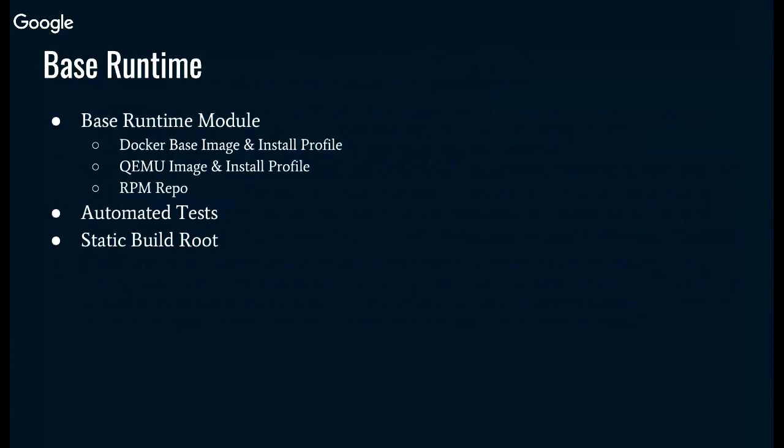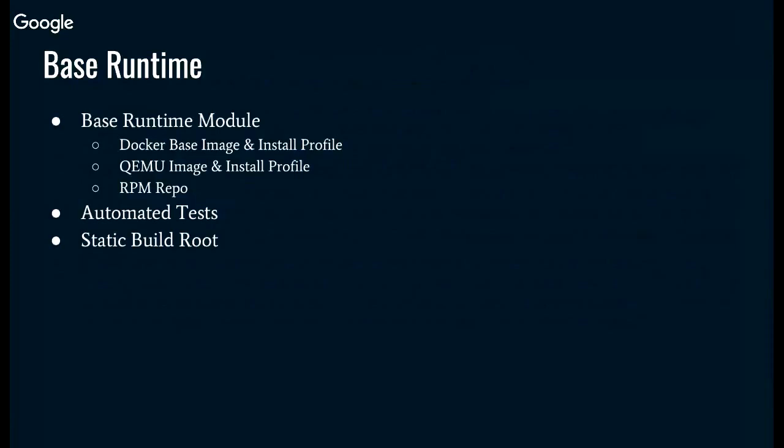The same module is meant to have multiple what we call install profiles. So an install profile is, how does it lay down on disk? Even though there's a whole bunch of, say, RPMs available in the base runtime module, they're not all provided in any given installation. In other words, the Docker base image, a particular install profile from the base runtime, doesn't include the kernel, right?